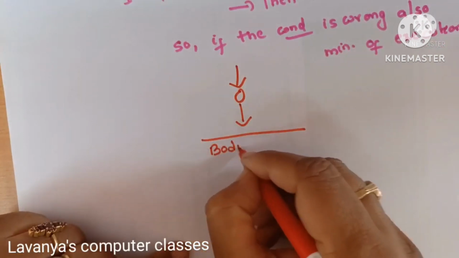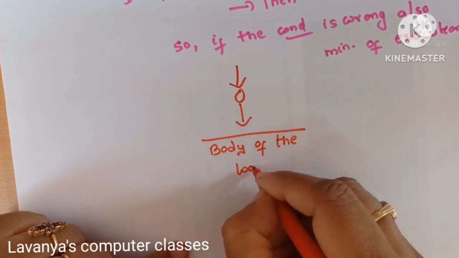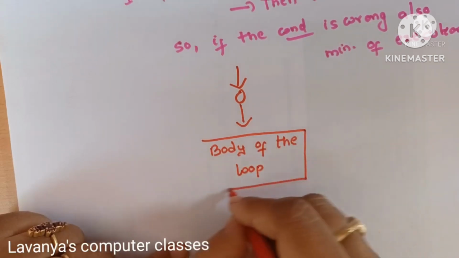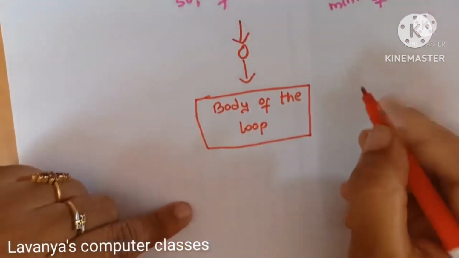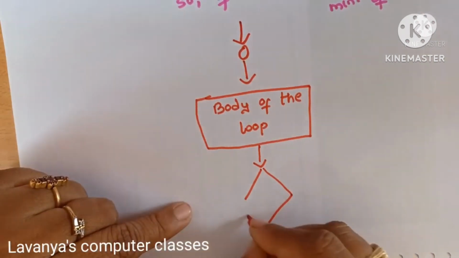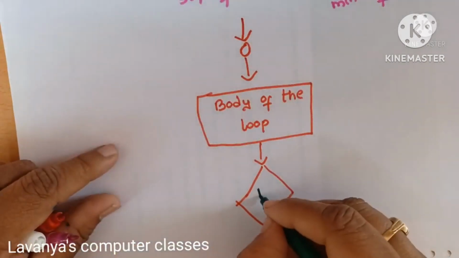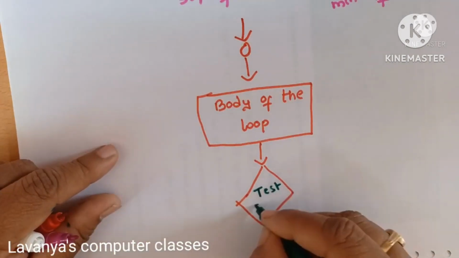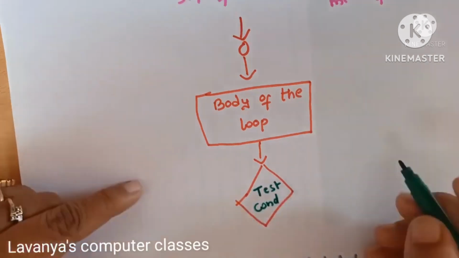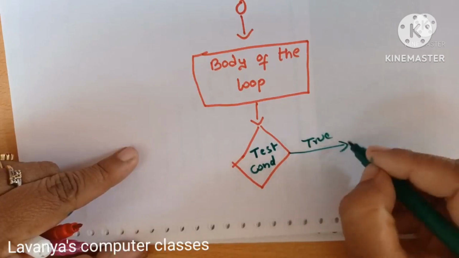So this is the flowchart representation. First, at entry time, you have to execute the body of the loop. Once the body of the loop is executed, then at the time of exit we have to test the condition. If the condition is true, again it enters into the body of the loop.